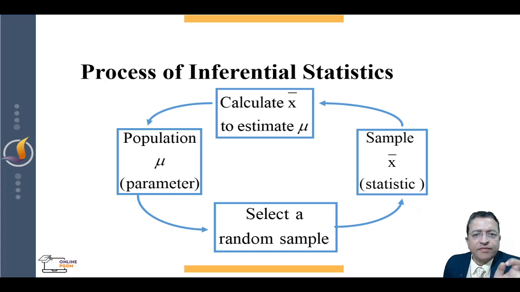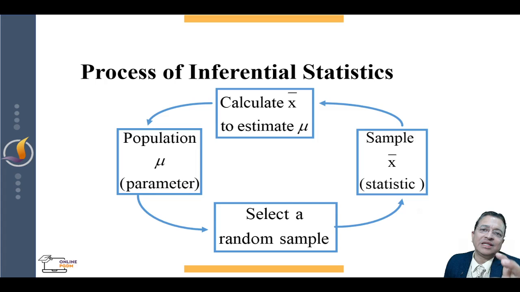In the process of analysis, when we talk about inferential statistics, we always try to find out the value of the parameter. The problem is that sometimes the whole population is difficult to analyze or enumerate, so we use a part of the population, which is a sample, and there are certain techniques we use in sampling.